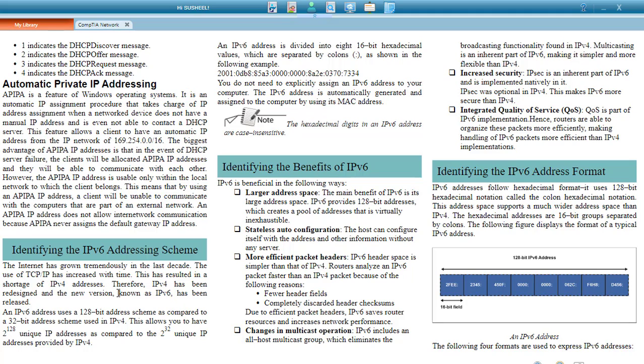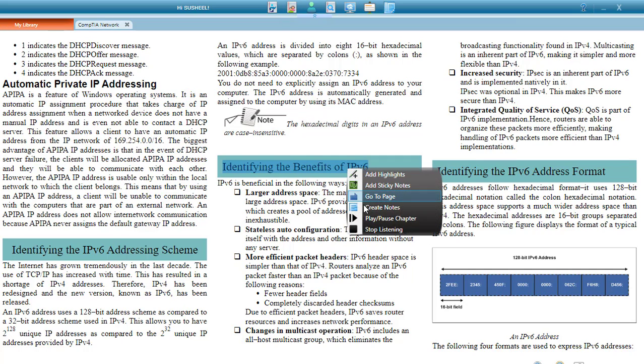An IPv6 address uses a 128-bit address scheme as compared to a 32-bit address scheme used in IPv4. This allows you to have 2^128 unique IP addresses as compared to the 2^32 unique IP addresses provided by IPv4. And IPv6.